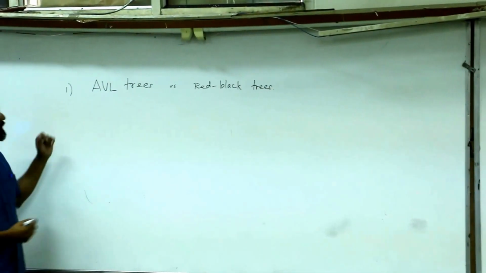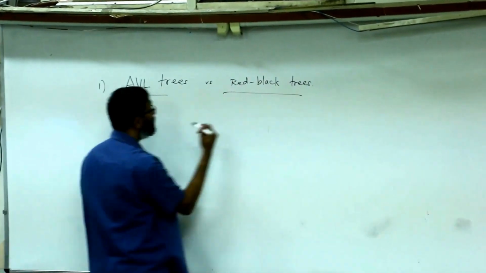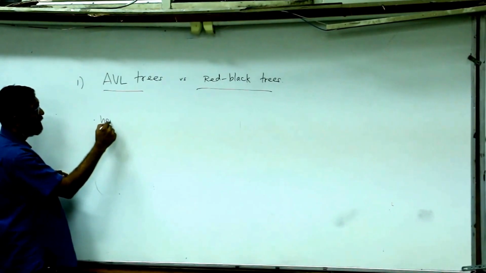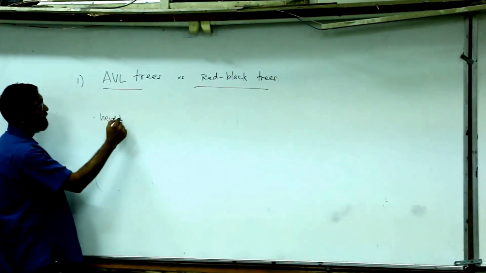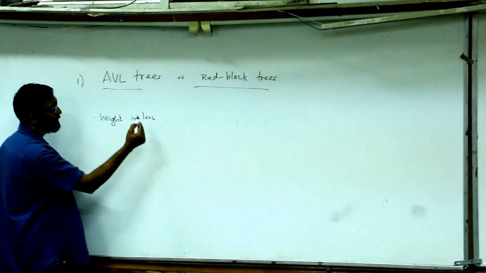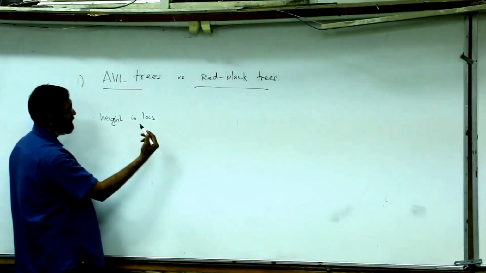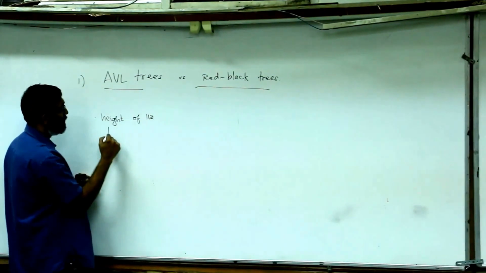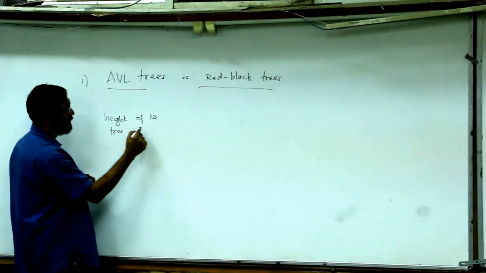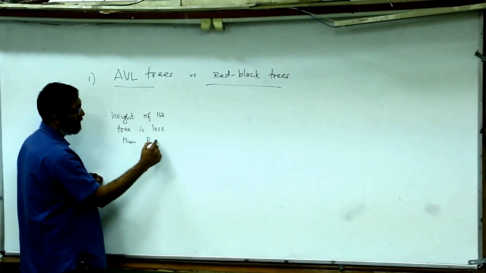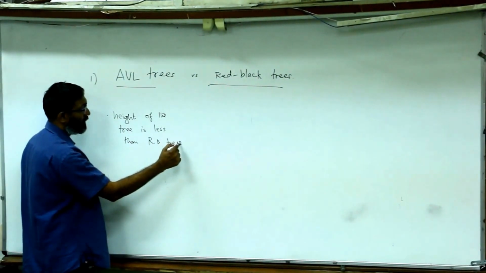So let's address this: AVL trees versus red black trees. What happens with AVL trees is that the height of the tree is less than in red black trees.